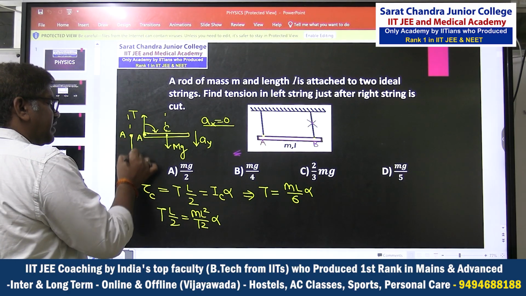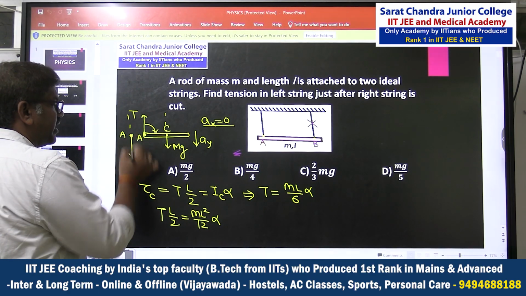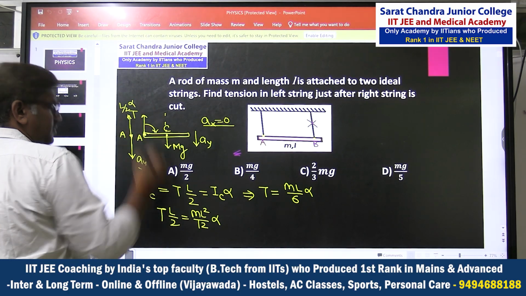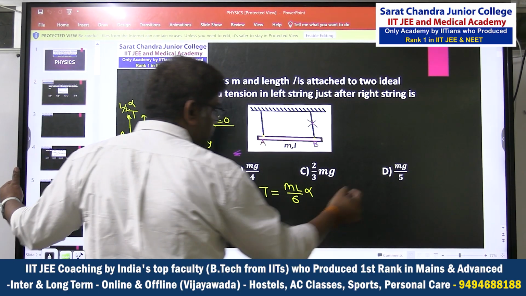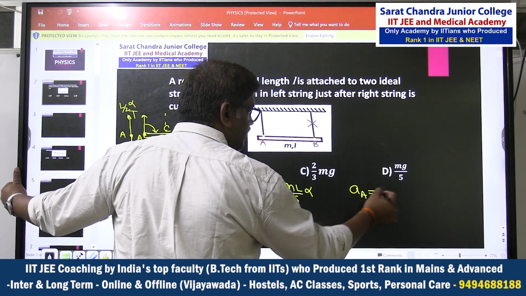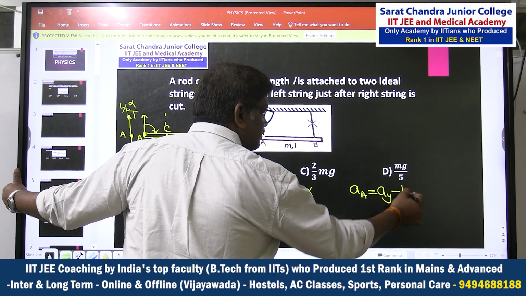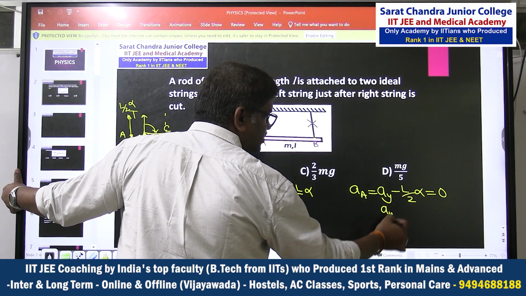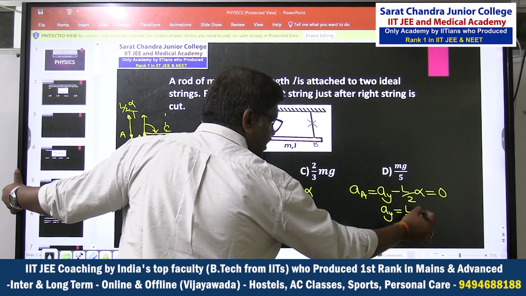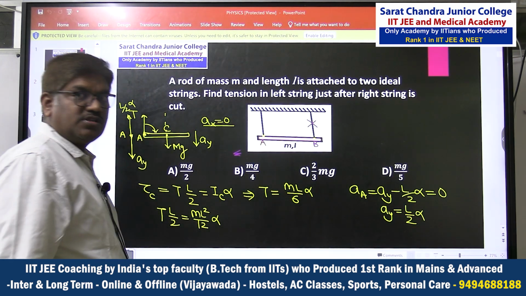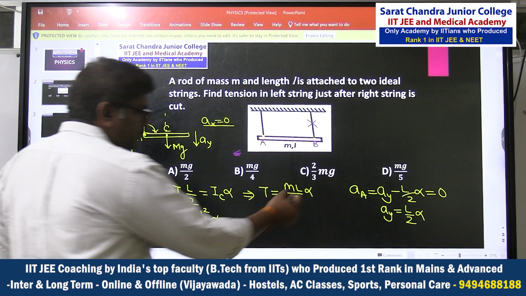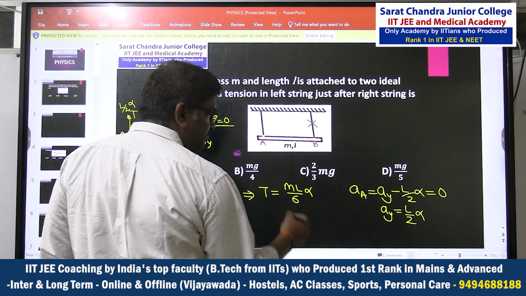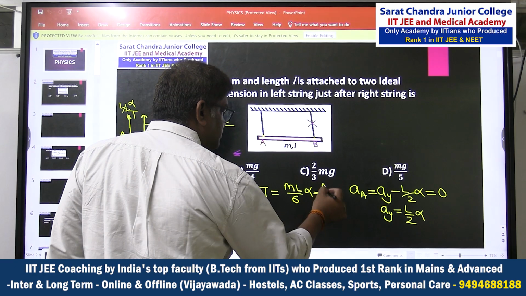When I see the acceleration of point A, it has Ay and it has R alpha, which is L by 2 alpha. So for the acceleration of point A, we can write Ay minus L by 2 alpha equals 0, and we get the constraint between Ay and alpha as Ay equals L by 2 alpha.